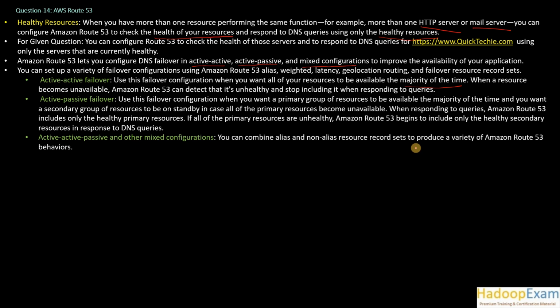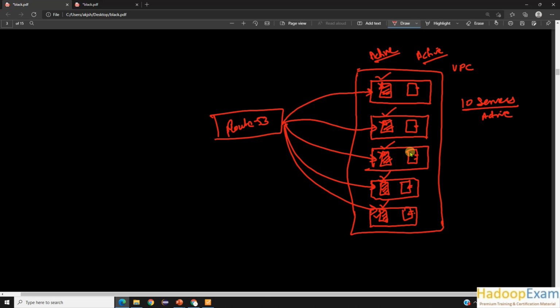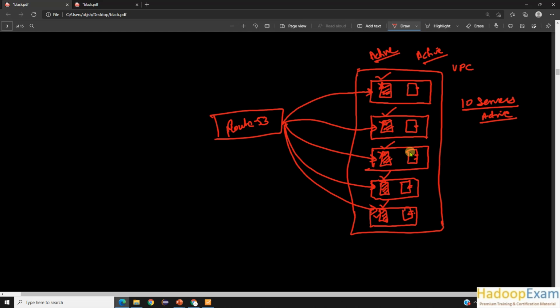We wanted 5 resources to be passive. Amazon Route 53 can detect that a resource is unhealthy and stop including it when responding to queries. So if all 10 servers are in active mode and any one is unhealthy, it is removed from responding to requests, and any of the other servers can respond.